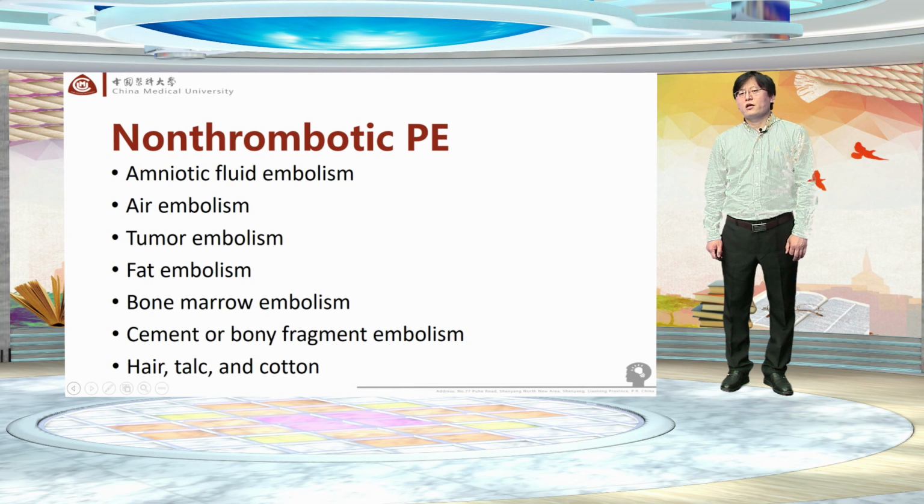We can also have hair, talc, or even cotton that goes into circulation and blocks pulmonary arterial branches and causes pulmonary embolism. But of course, thrombus is the most common material that causes pulmonary thromboembolism. So pulmonary thromboembolism is the most common type of pulmonary embolism.